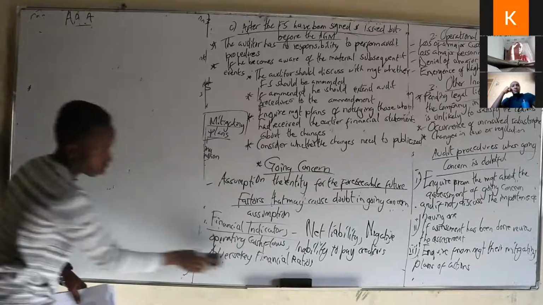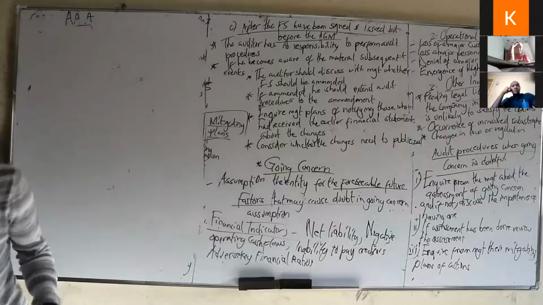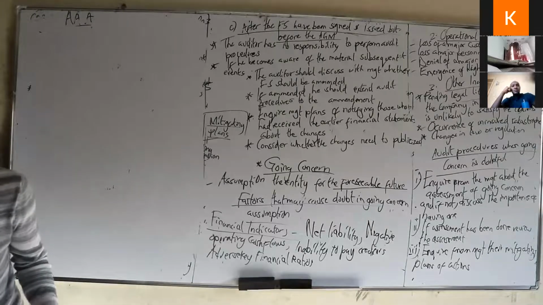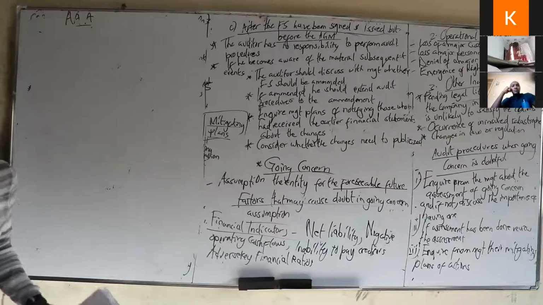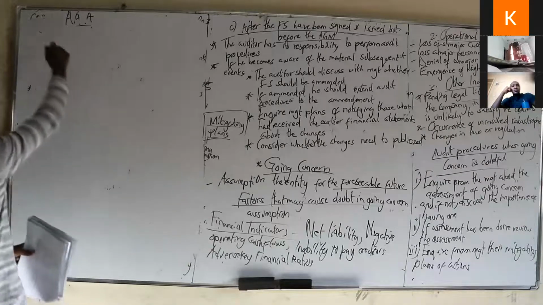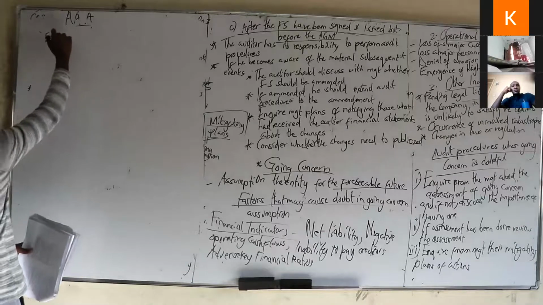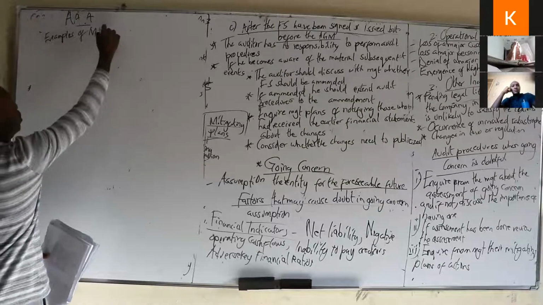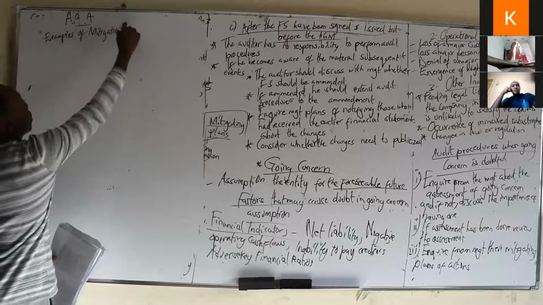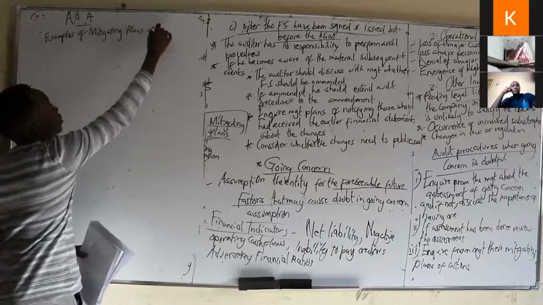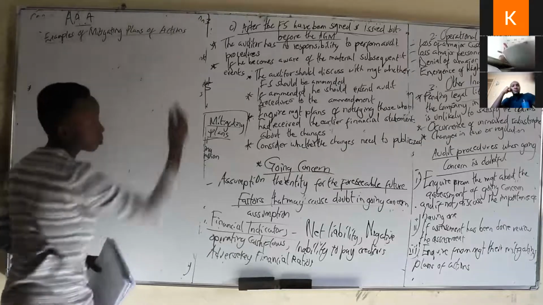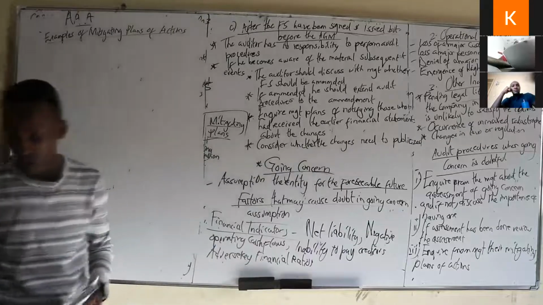So that is on when the company's going concern is doubtful. The examples of mitigating plans of action are still under that procedure. It's just to highlight what these are so that you know when you're reading on the same.